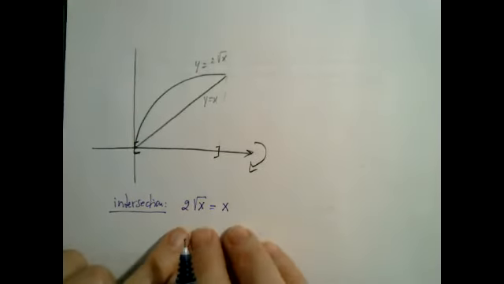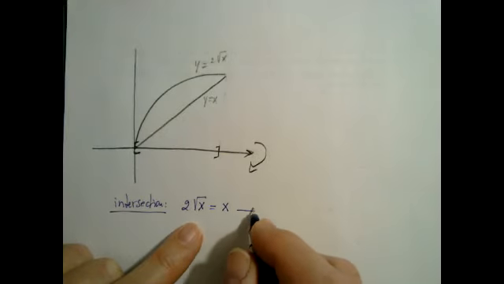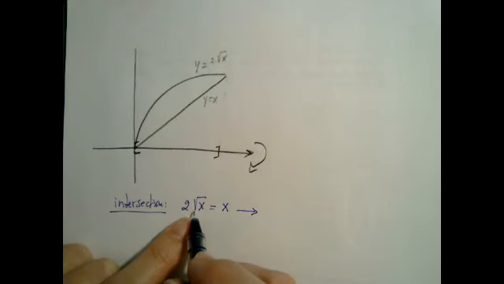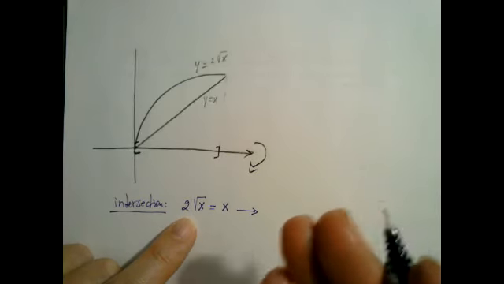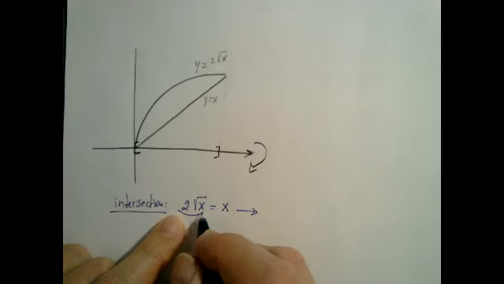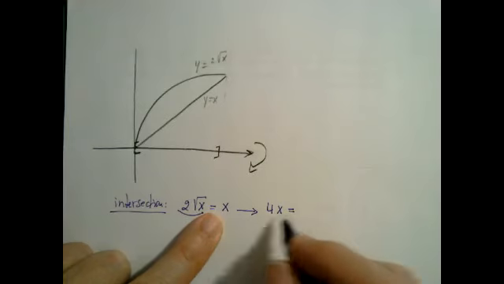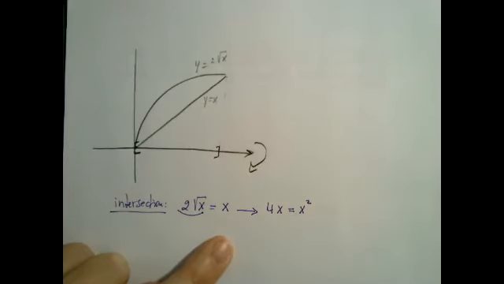I gave a similar problem on the quiz, and some of you had difficulties with it. Because I have the square root, I need to square both sides to get rid of the square root. Squaring gives me 4x equals x squared.